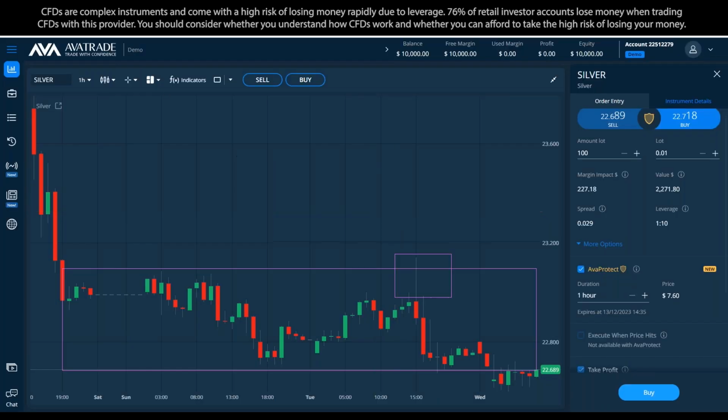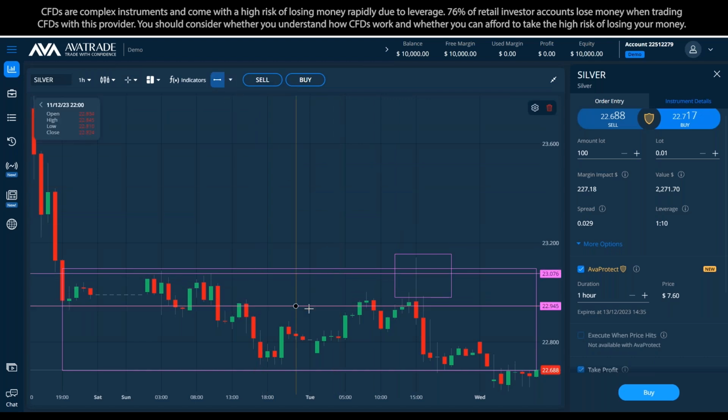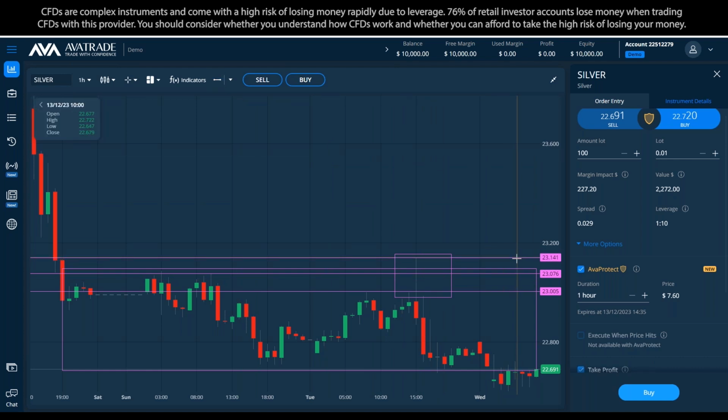You see, there are certain levels here indicating where silver can potentially turn around. Now, I don't know if you noticed, but 23.076 versus 23.141, it's where it broke the resistance, but it went back.